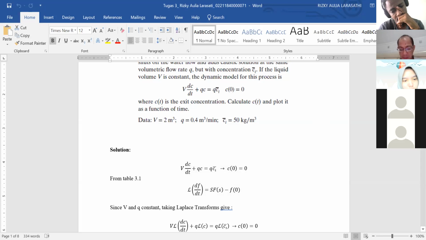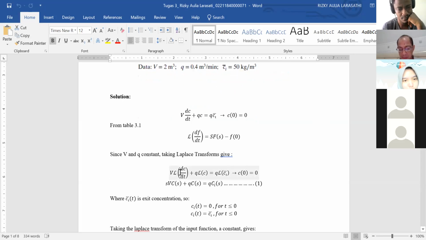Since in the question V and Q are constant, taking the Laplace transform like this: V Laplace dC/dt plus Q Laplace C equals Q Laplace C_e, where C(0) equals 0.